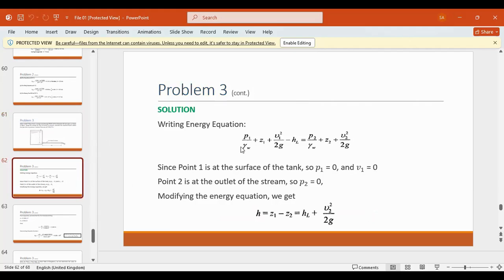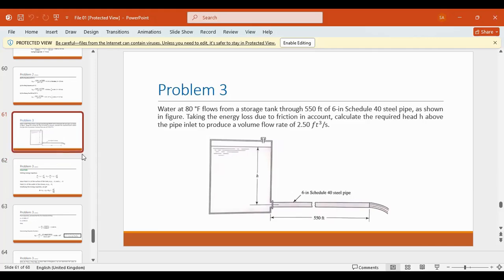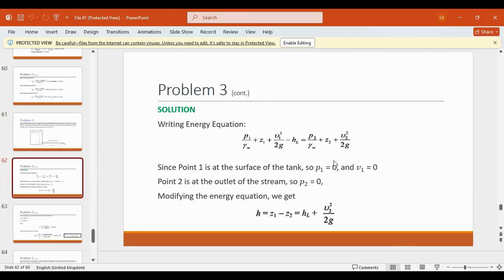So both terms cancel: P1 over gamma equals 0 and V1 squared over 2g equals 0. Point 2 lies outside the pipe, over here, so P2 will also be equal to 0 because there is no pressure other than atmospheric pressure acting at the pipe outlet. So the P2 term will also be 0.